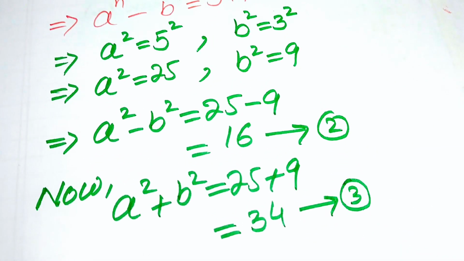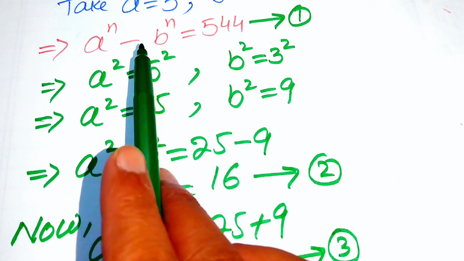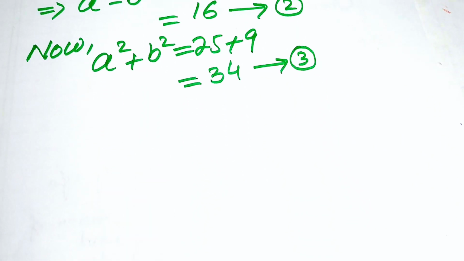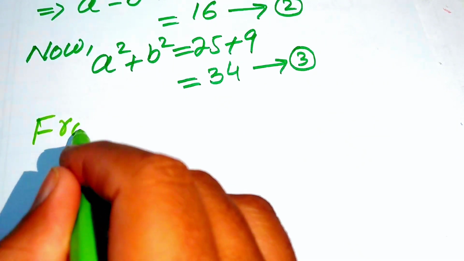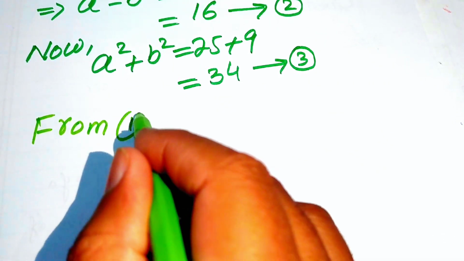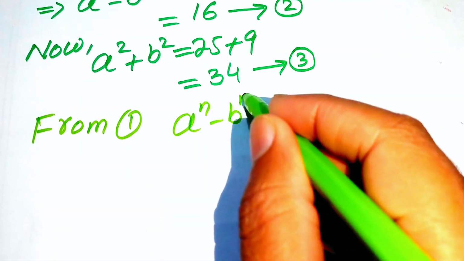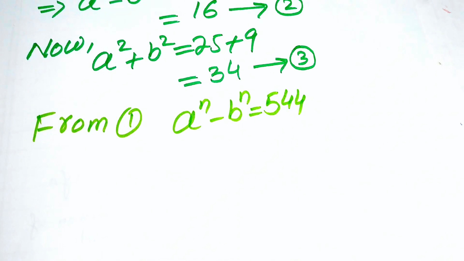Here we copy down equation number 1, which is a to the power of n minus b to the power of n equals 544.